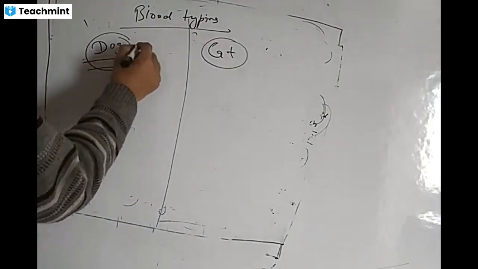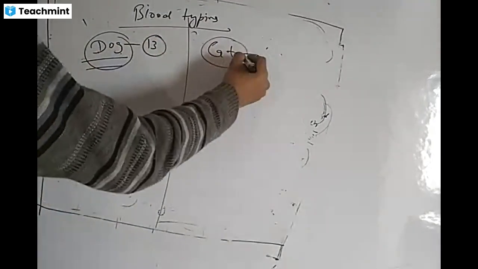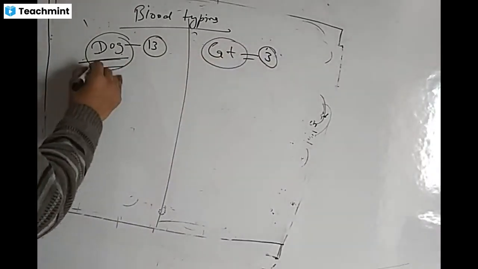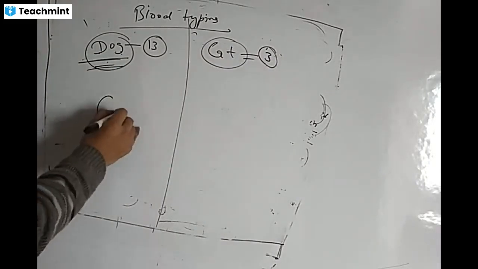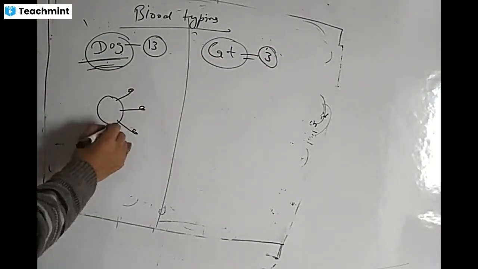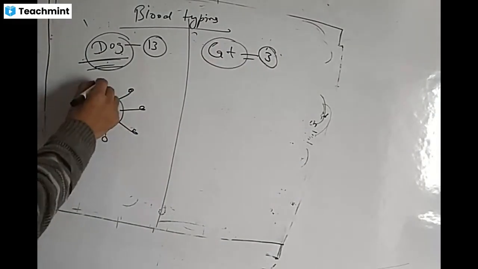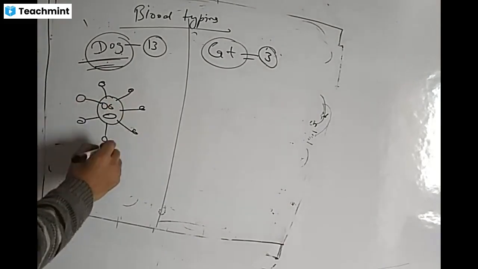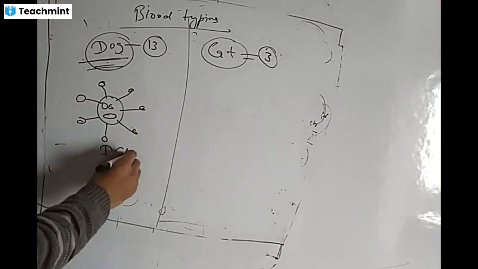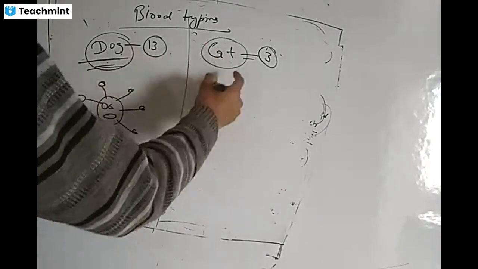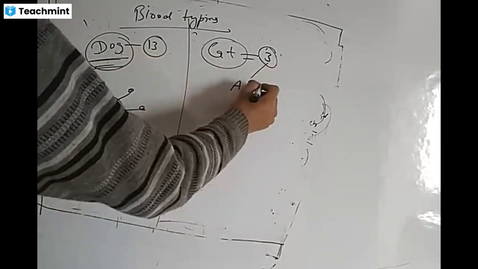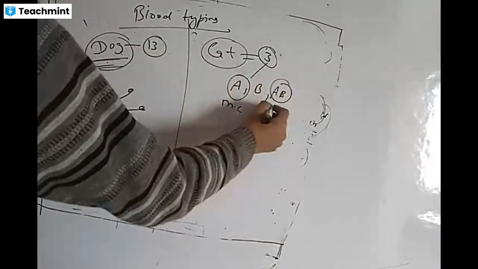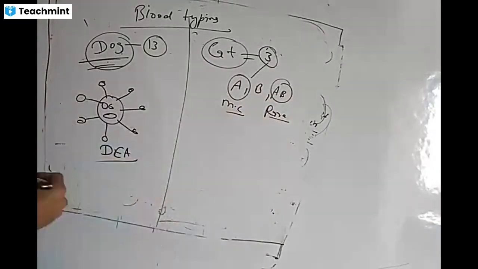In dogs there are 13 blood groups and in cats there are 3. On the surface of the dog RBC there is an antigen, called dog erythrocyte antigen. In cats, the 3 groups are A, B, AB. A is most common, and AB is rare in the domestic cat.